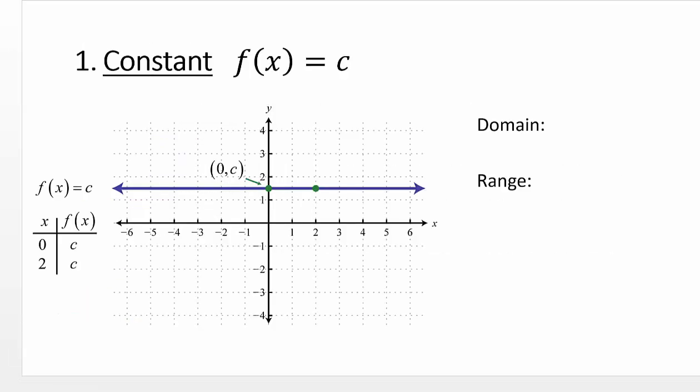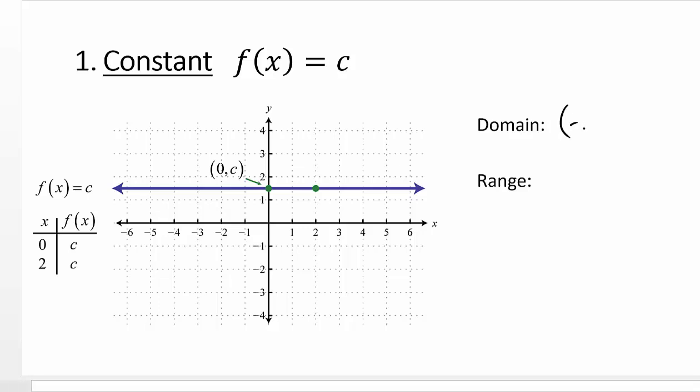Alright, so if we look at our first function here, we're looking at a constant function. So f of x is equal to c. So c is just a constant. If we graph this, what we're going to end up with is a horizontal line. So as I'm looking at this, I can put any value of x that I want into this function.